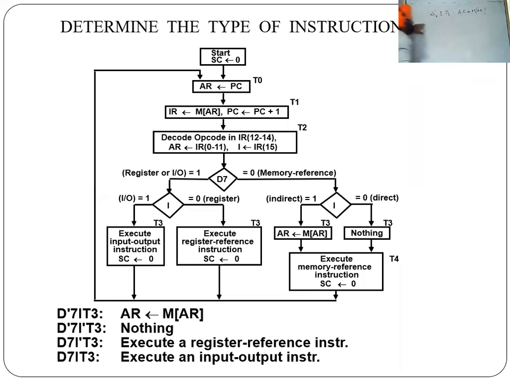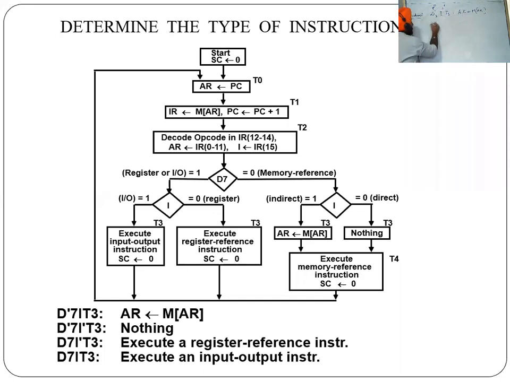So here it means that T3 signal is activated and the value of I is equal to 1. This is equal to 1 and this is equal to 0. So in this case, your indirect addressing mode is achieved and the memory reference instruction will be executed in the form of indirect addressing mode, right?